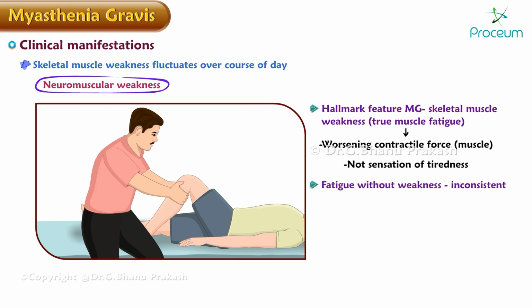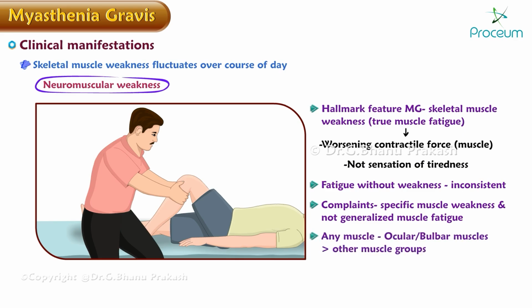Fatigue without weakness is inconsistent with myasthenia gravis. Patients present with complaints of specific muscle weakness and not generalized muscle fatigue. Muscle weakness may occur in any muscle, but most frequently affects ocular and other bulbar muscle function more than other muscle groups.